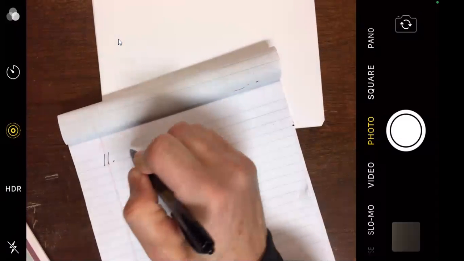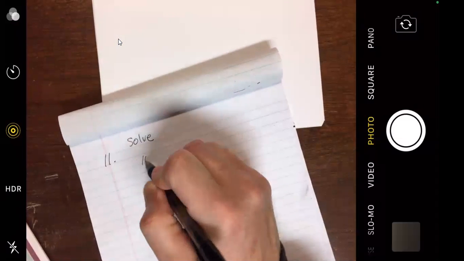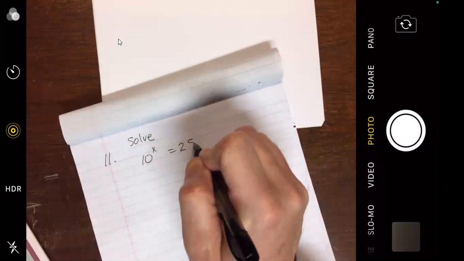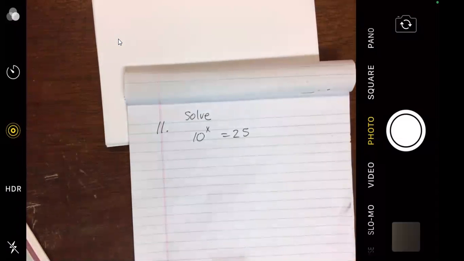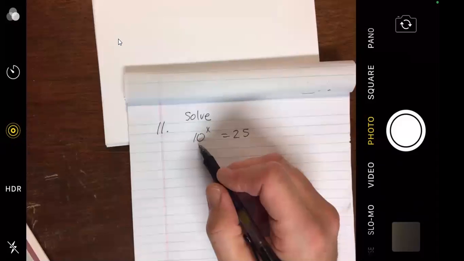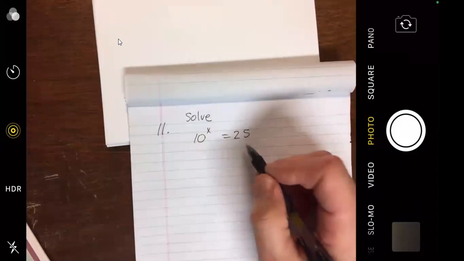All right, well, let's go further down the page where things are not as obvious. So even though 11 is pretty simple, solve 10 to the x equals 25. Well, once again, I could use log base 10, but I can't. 25 is just a random number.